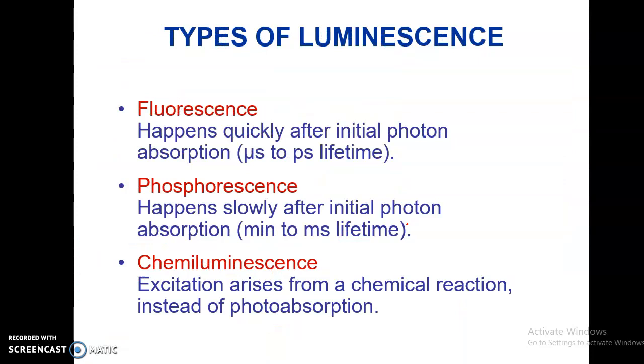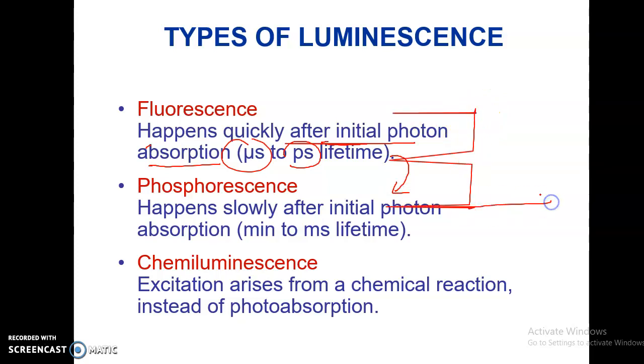So, types of luminescence. This is a general description of fluorescence, not a definition, only how it happens and how quick it is. It happens quickly after the initial photon absorption, with a microsecond to picosecond lifetime, which is very fast compared to phosphorescent.